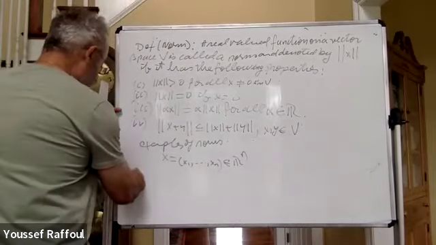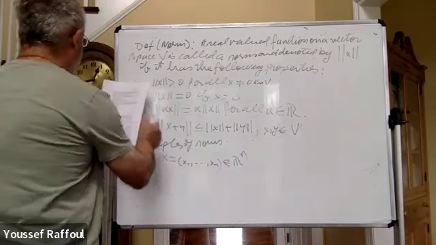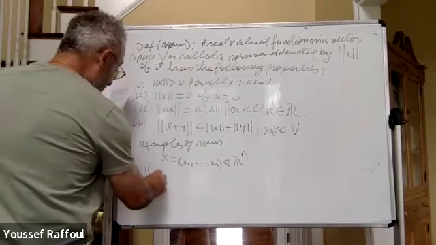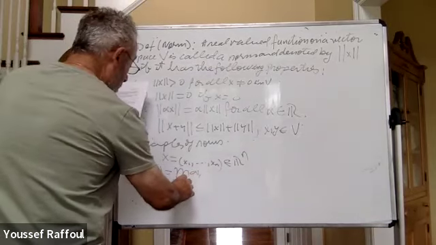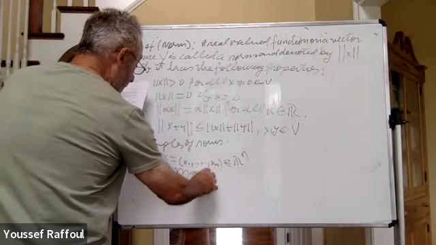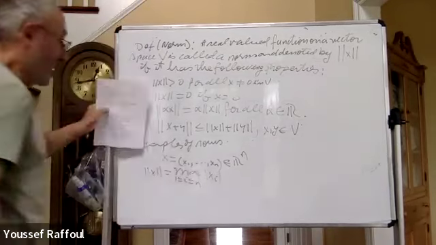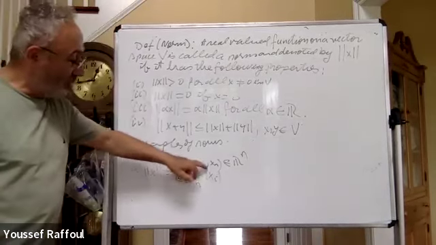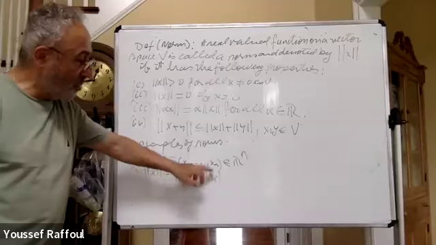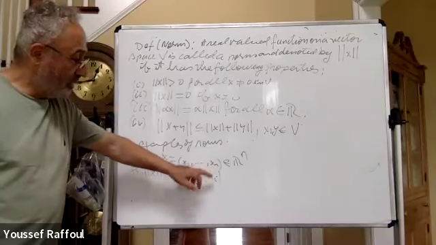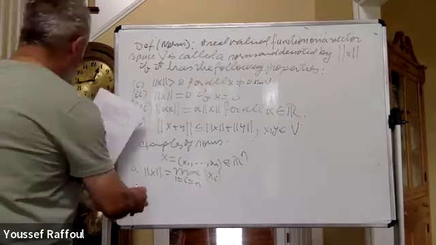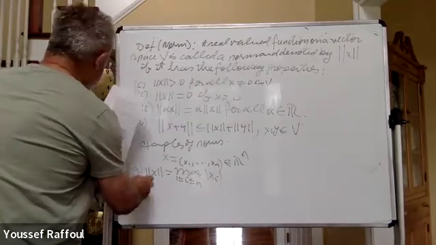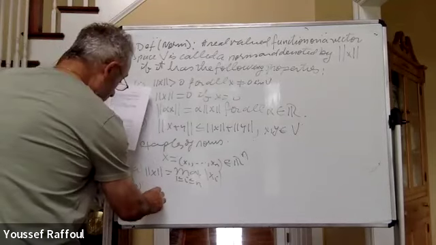Then A is a norm if I go with the norm of x to be the max over i from 1 to n of the absolute value of x_i. So I look at all these numbers and I take the absolute value of them, and then the maximum is the norm.